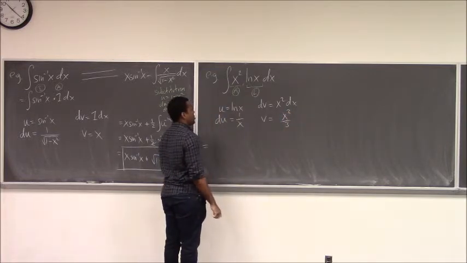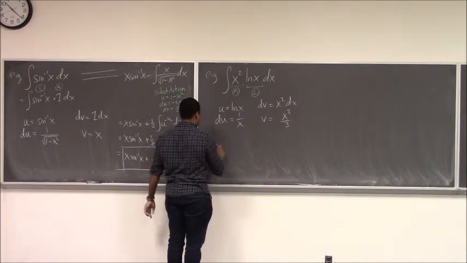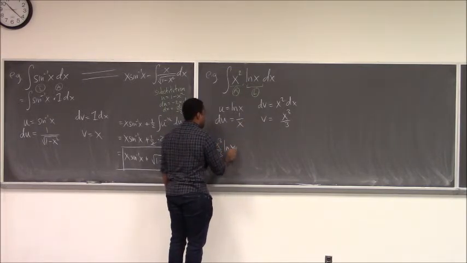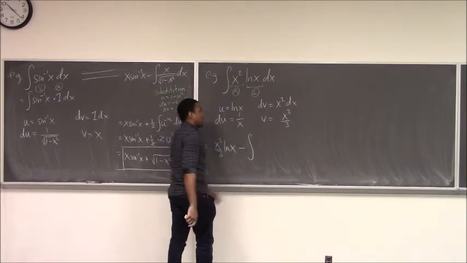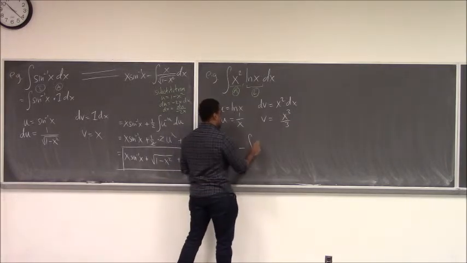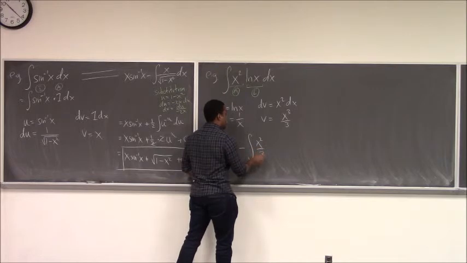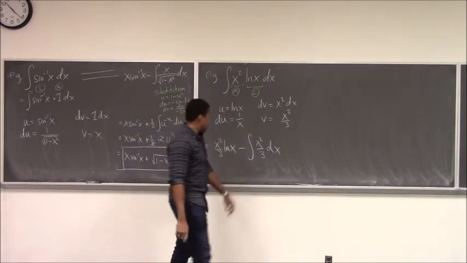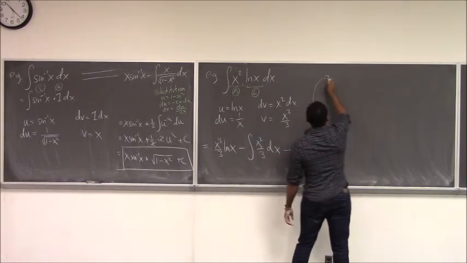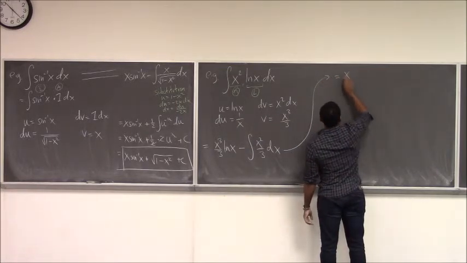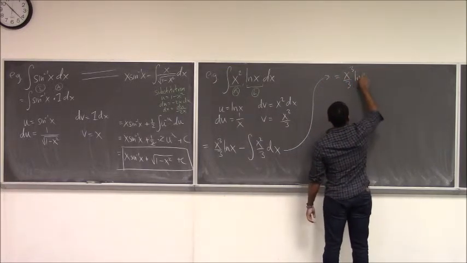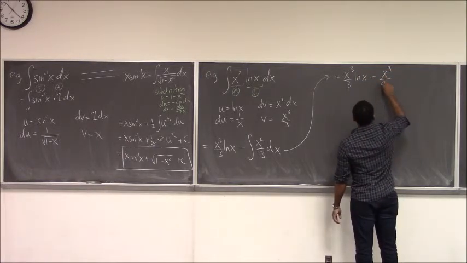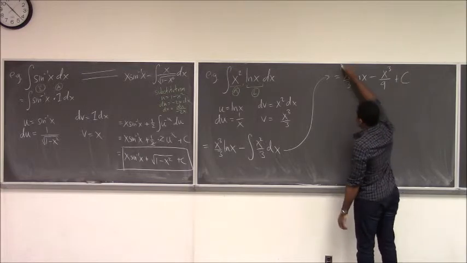Plugging into the formula, u times v minus the integral of v times du. That one I can integrate pretty easily. That will be it.